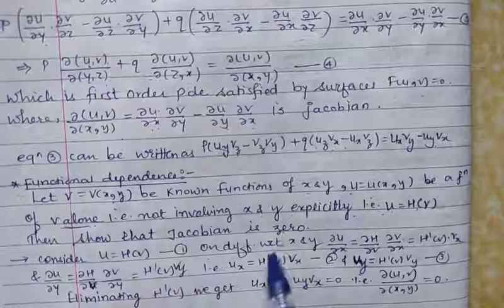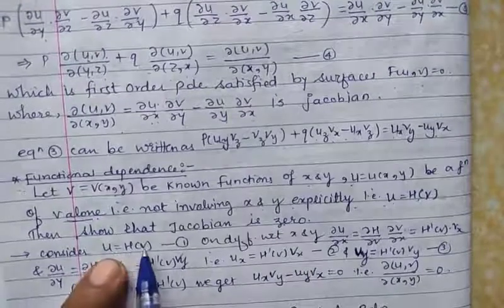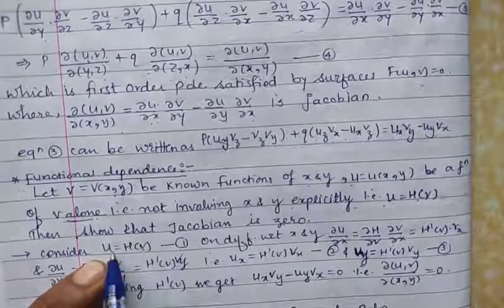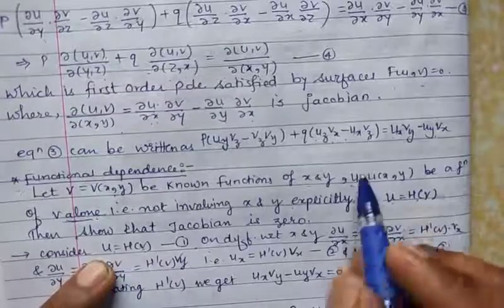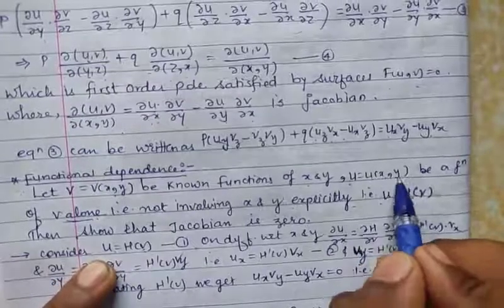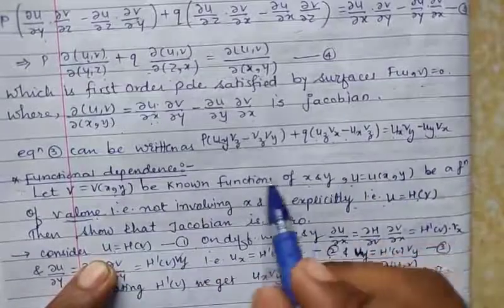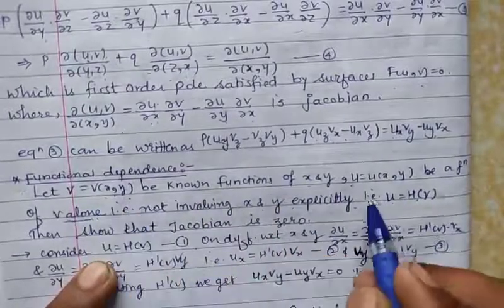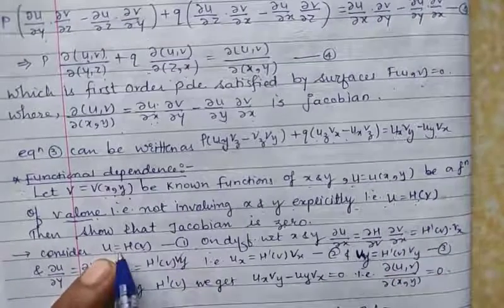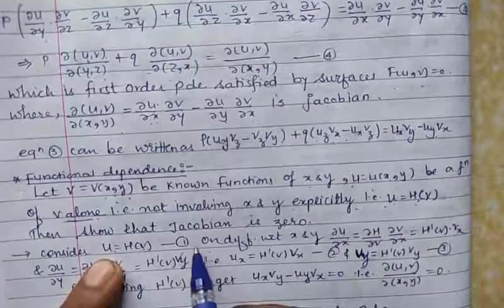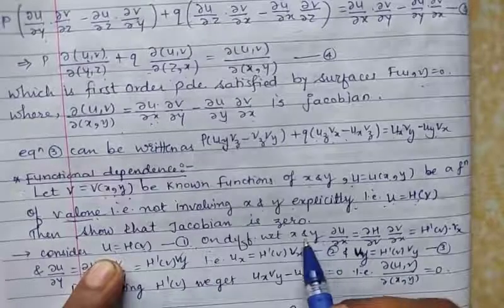Now let's see. Consider u is a function of v alone. Okay, so it can be written as u is equal to h of v. Call this equation number 1, because here u is a function of x and y and v is also a function of x and y. So differentiate equation 1, u is equal to h of v, with respect to x and y.